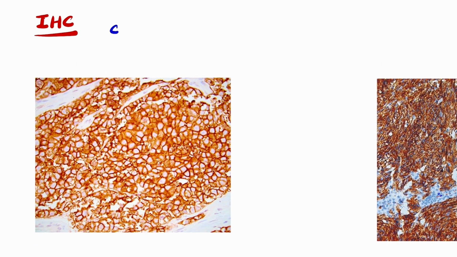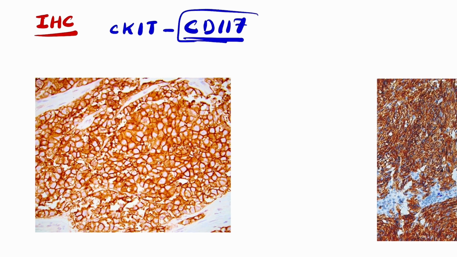Coming to the IHC markers, immunohistochemistry. Each tissue expresses its own set of antigens. Since GIST occurs because of c-KIT gene mutation, the marker for c-KIT is CD117. So the tissue expresses CD117 on the surface.